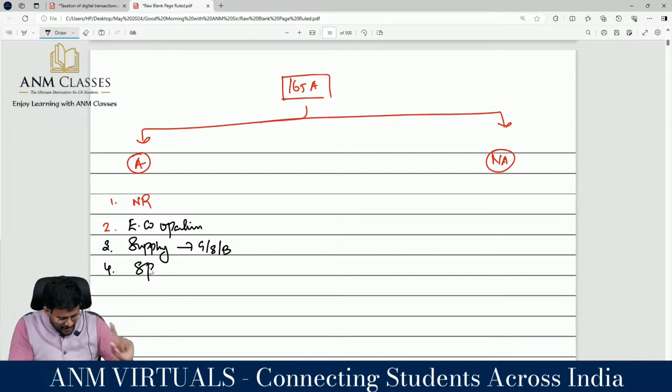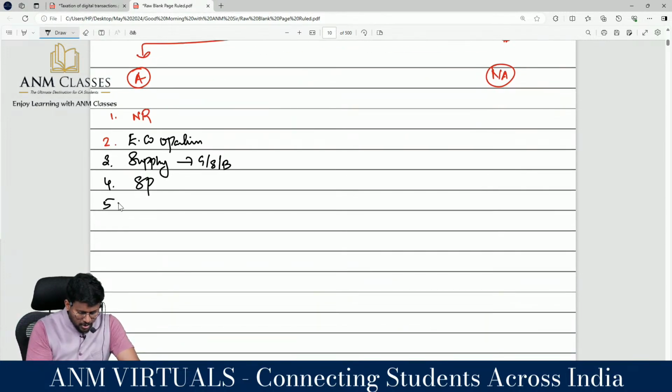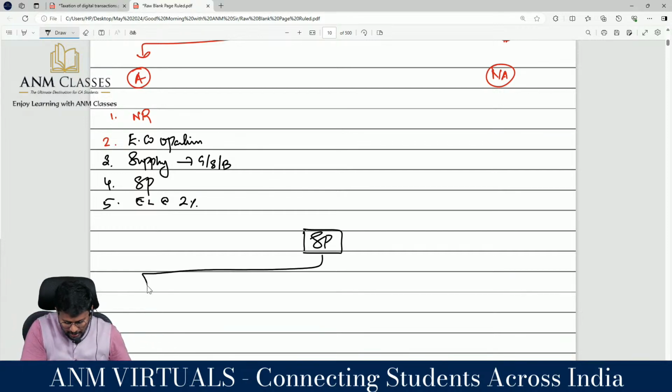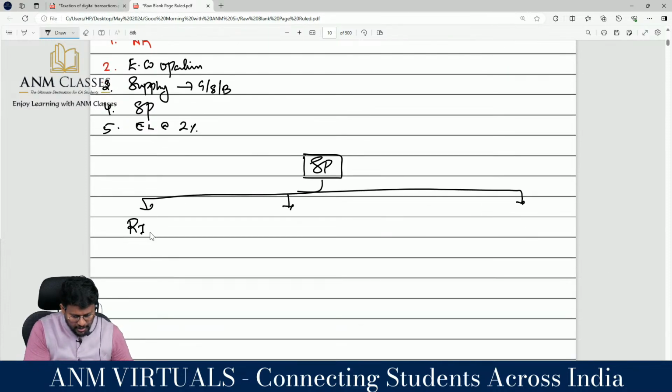Then the specified person is liable to deduct equalization levy at the rate of 2%. We will have a separate discussion on who the specified person is, as a definition. The specified person can be classified into 3 categories. Number 1, a person resident in India.